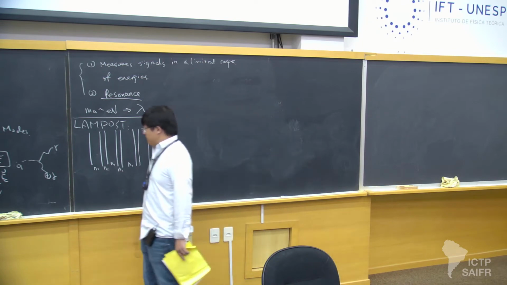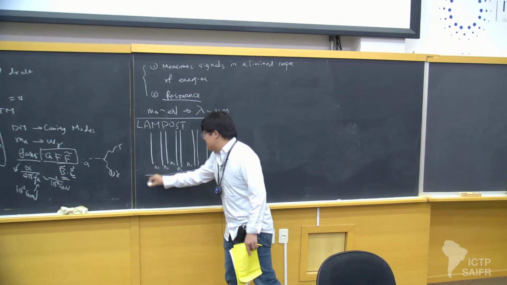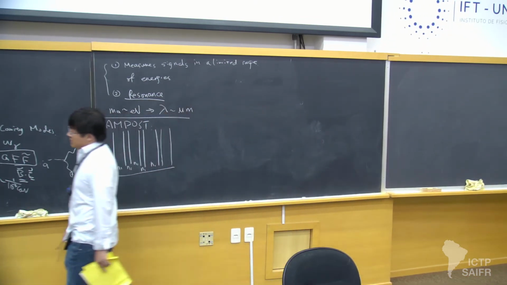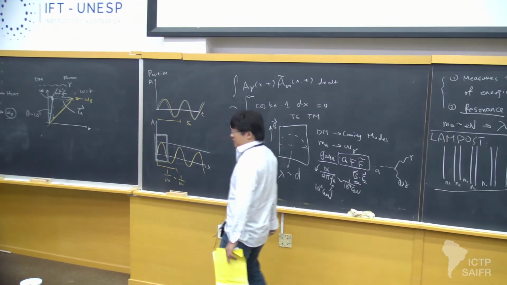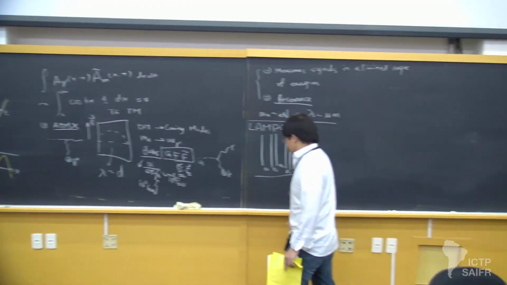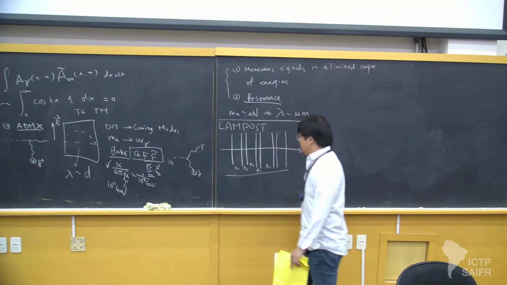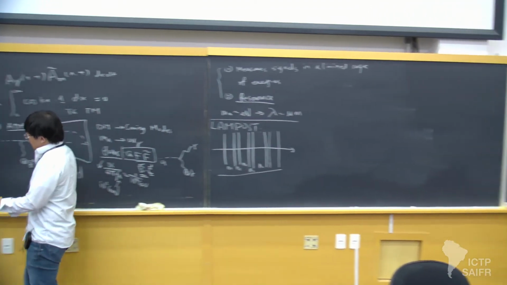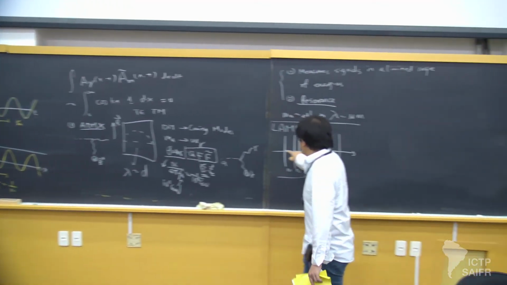And in position space, what happens in this periodic structure is that the photon wave looks not exactly like this, but a little bit different. So how does the photon look? Let's say I put a photon, like in the case of the cavity, which has this shape in this region.